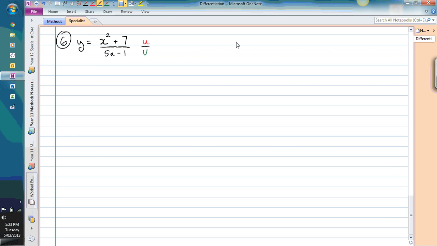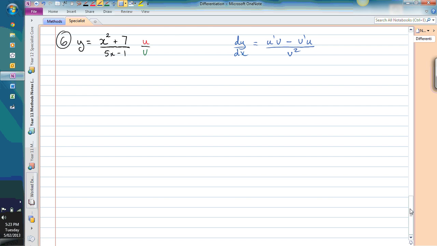It tells us that the derivative, dy dx, is given by u dash, so the derivative of u, the function on the top, times v, minus v dash times u, all over v squared.